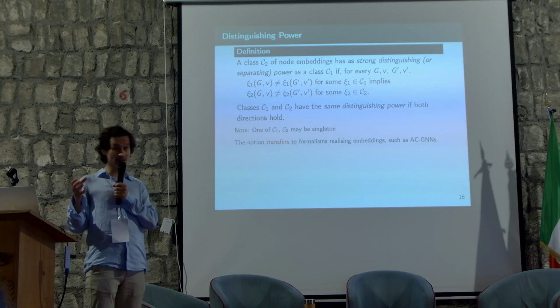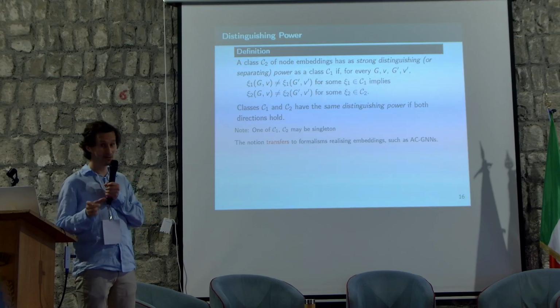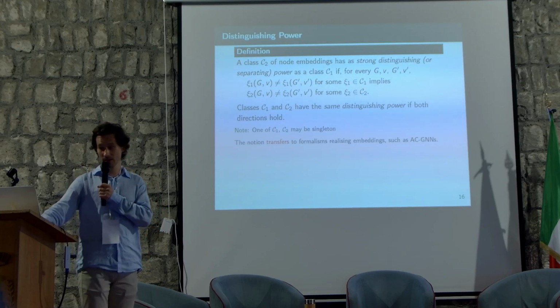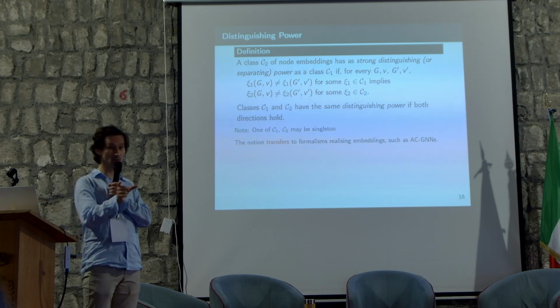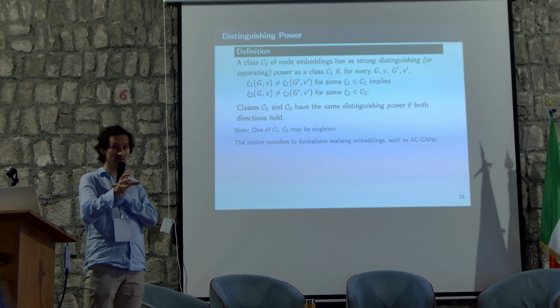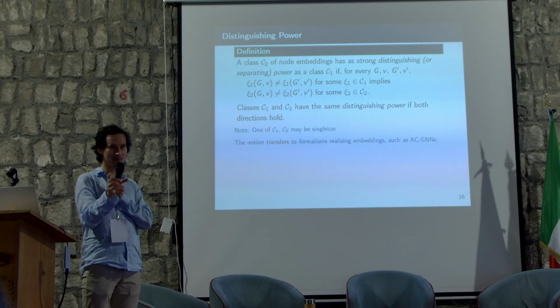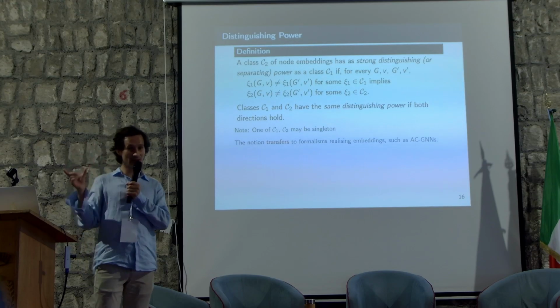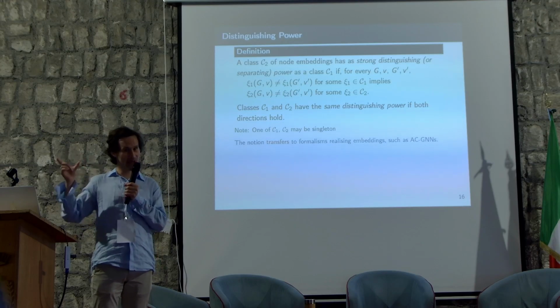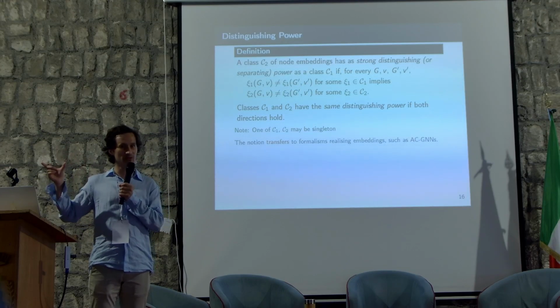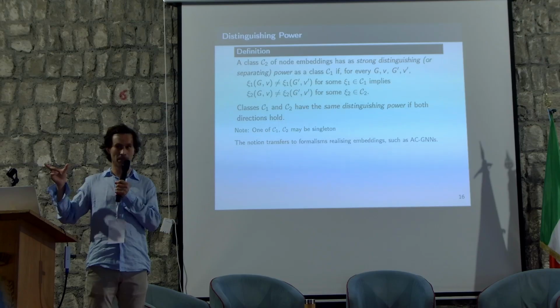It basically says that if for the first formalism we have two nodes in two graphs which we can distinguish, we can give different numbers with some node embedding in this class, maybe some particular GNN, then in another class we should also be able to distinguish these two nodes. Is it clear, or should I repeat?